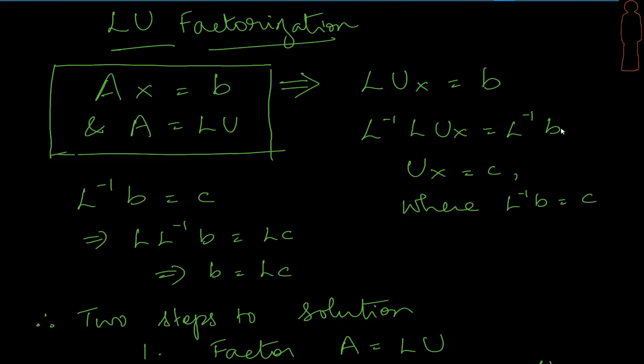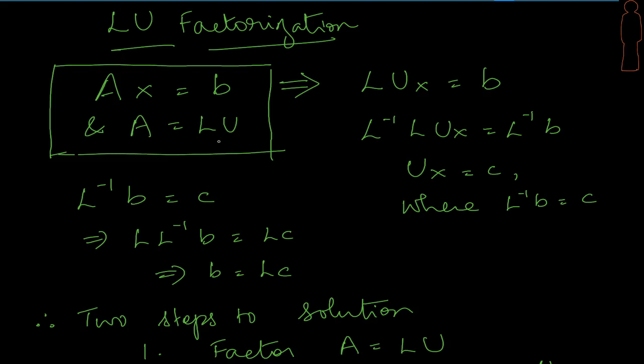So remember, in the last session we discussed taking A as the coefficient matrix of a linear system of equations in n variables with n equations. A is a square matrix, say n by n, and we factorized it and came up with what is called A equal to LU.